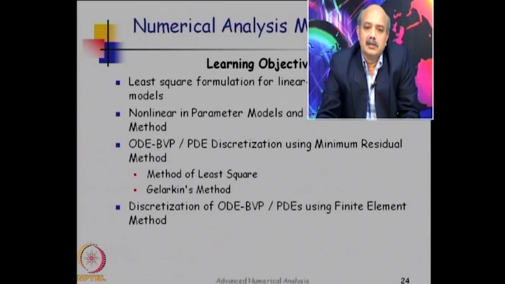Actually the discretization of ordinary differential equation boundary value problems, or partial differential equations, using the least squares approach leads to the so called finite element methods. We will not go in depth into this, but we will have a very brief introduction to this animal, the finite element method, and how it is related to least squares approximations.